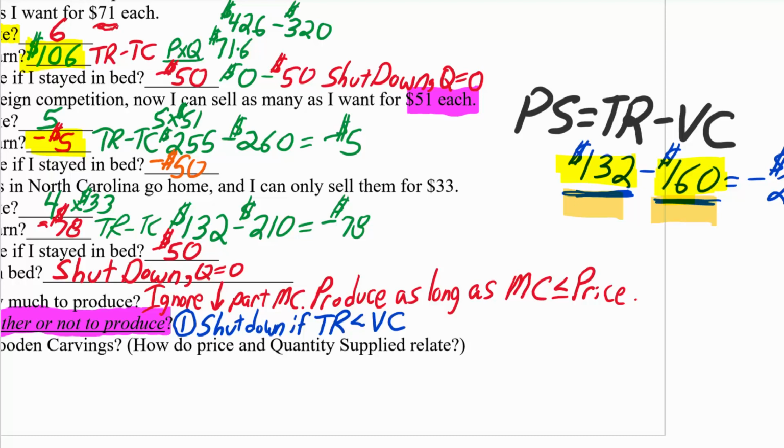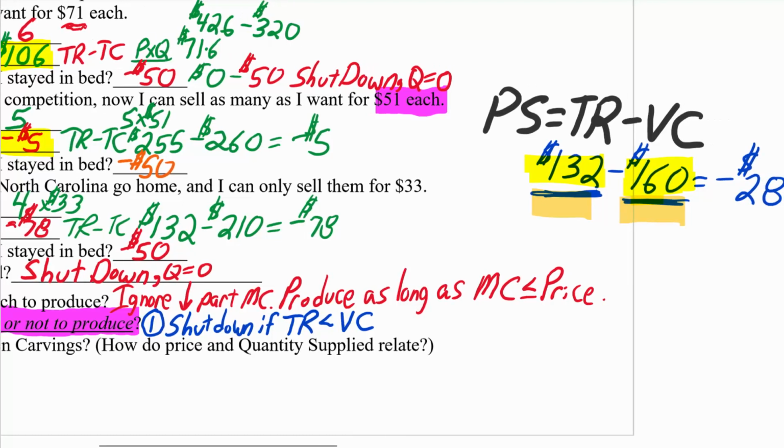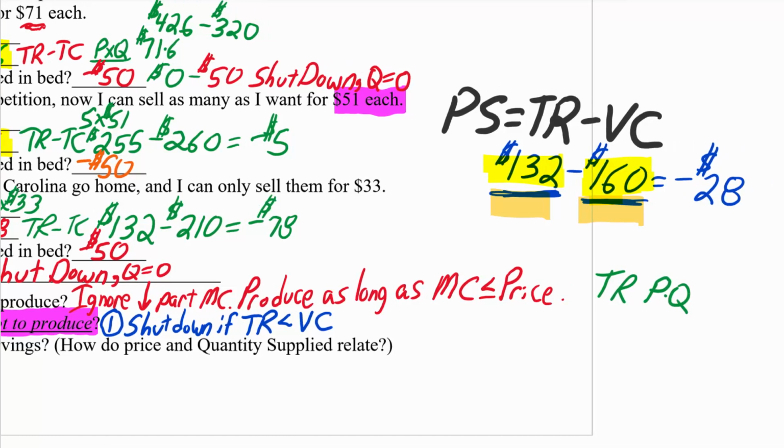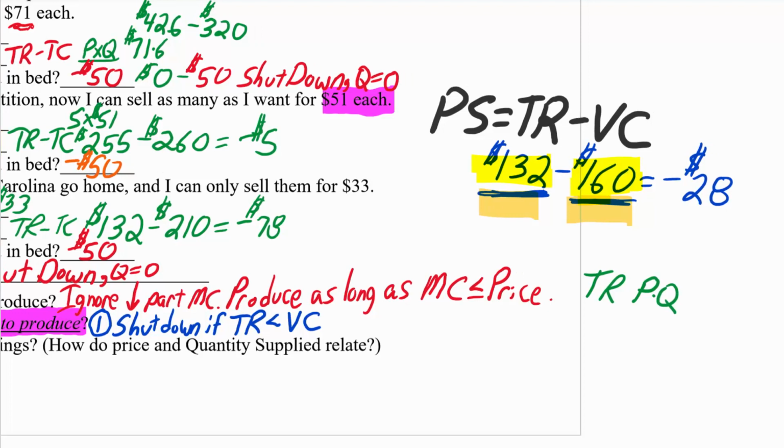There's another way to think about this, though, that's even easier once you see it. Total revenue is just price times quantity, right? And we know that variable costs are our labor and materials costs. Now, what do we get if we take both sides of this? We were saying if total revenue is less than variable costs, we should shut down. What do we get if we divide both sides of this by Q?